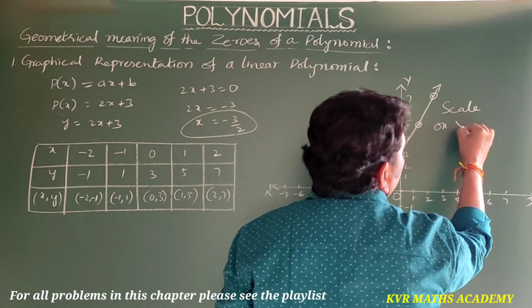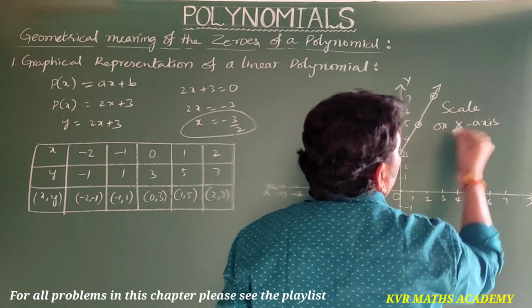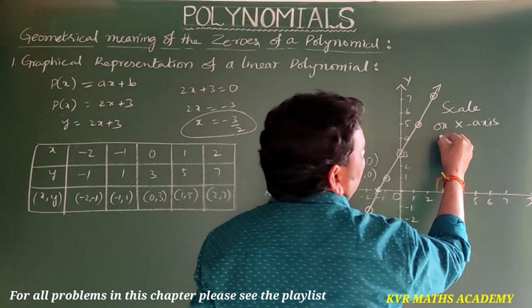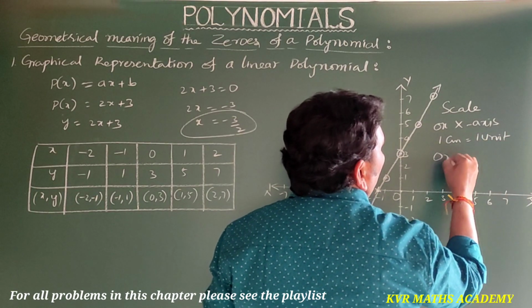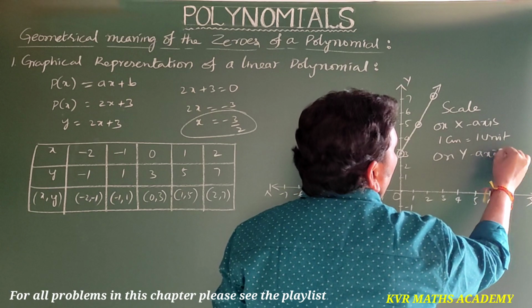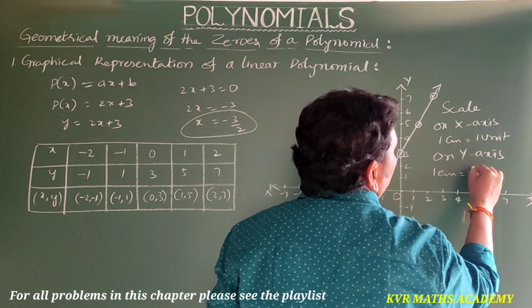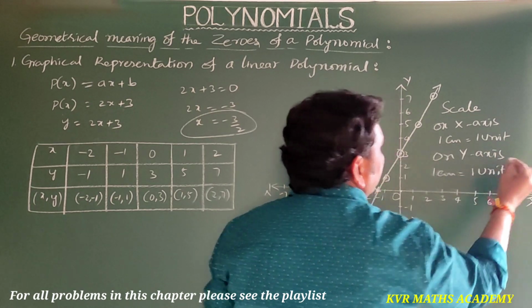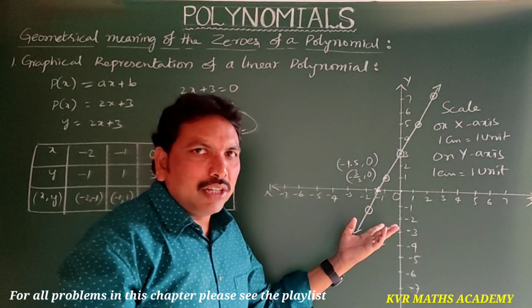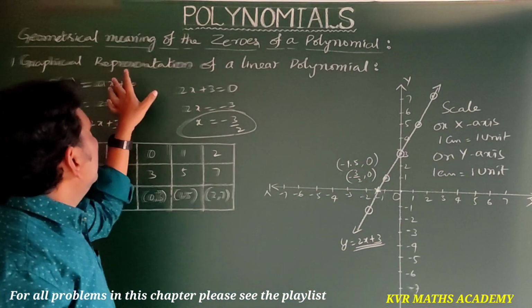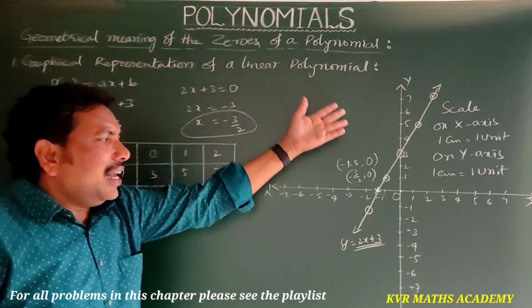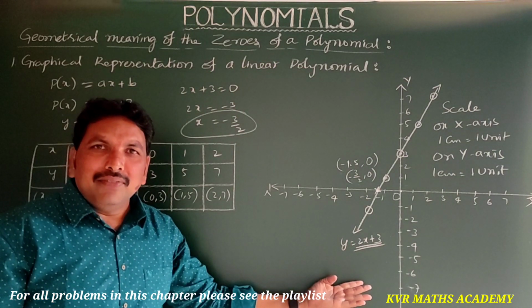On the x-axis, 1 centimeter is equal to 1 unit. On the y-axis, 1 centimeter is also equal to 1 unit. I have taken like this. Understood clearly about this? So this is the graphical representation of the linear polynomial.